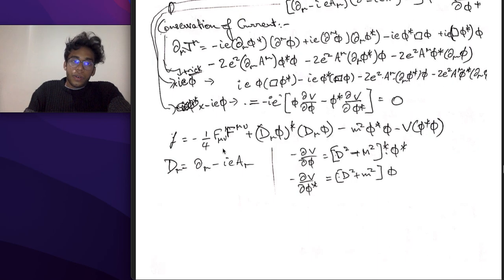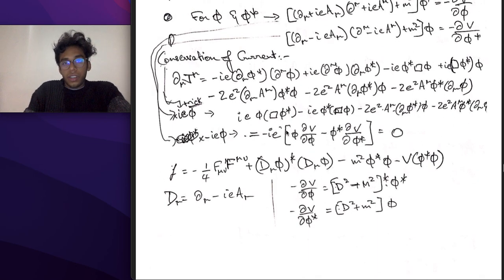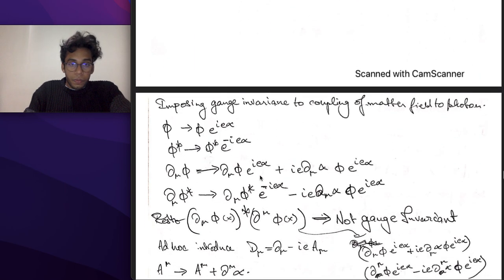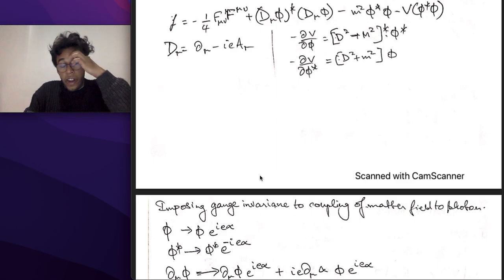Okay, so another way to define it is in a little ad hoc manner. Define the covariant derivative and define minus dou v by dou phi as d square plus m square, where d is dou mu minus i e a mu. Right, this is the covariant derivative.